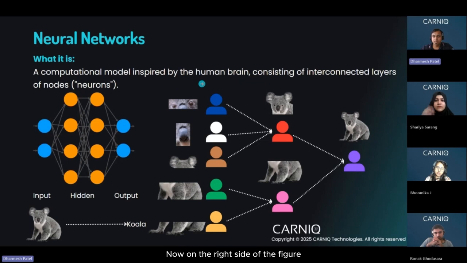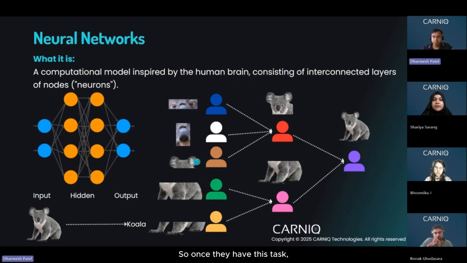On the right side of the figure you can see that we divide this task into smaller works. For example, student blue is assigned only to recognize the eyes and tell whether they are koala-like or not. Similarly, white is assigned to the nose, and brown is assigned to detect the ears.